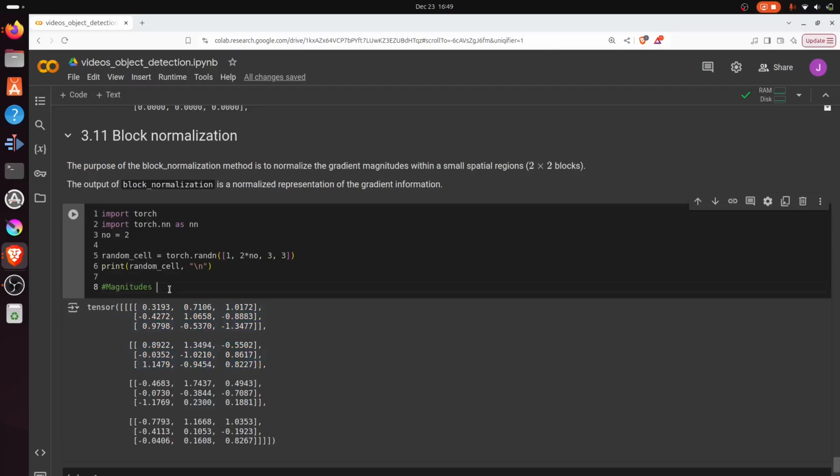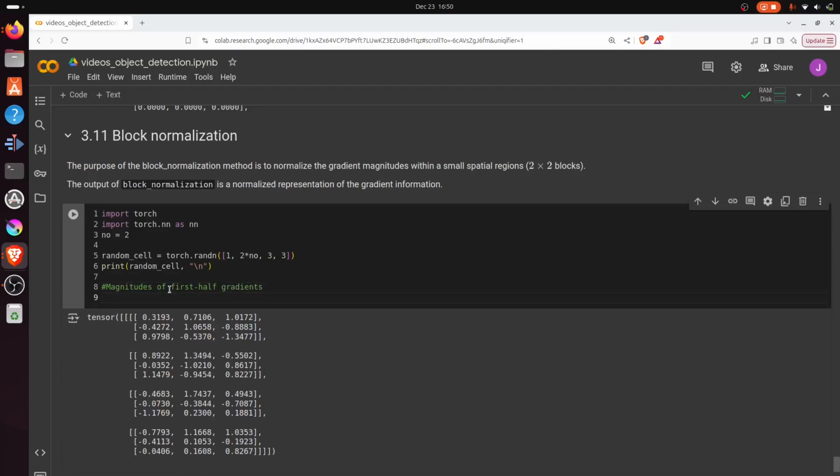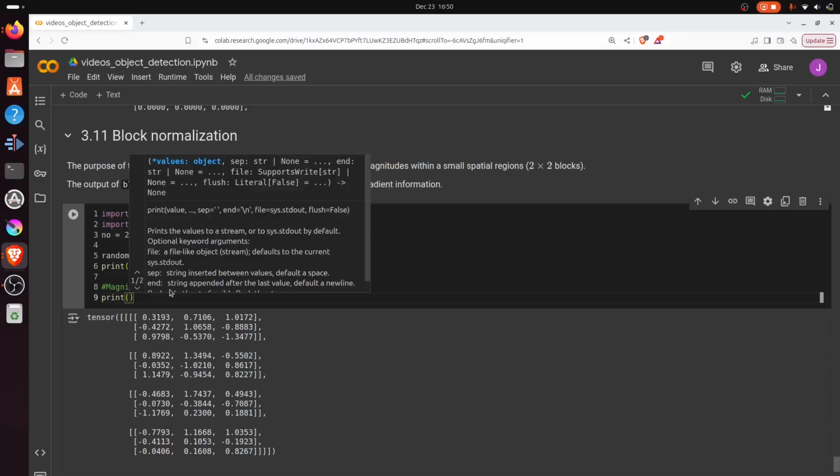So the magnitudes of the first half of the gradients. So how can we code this?